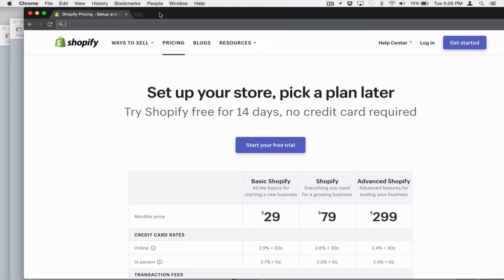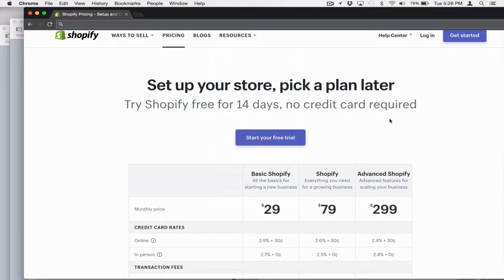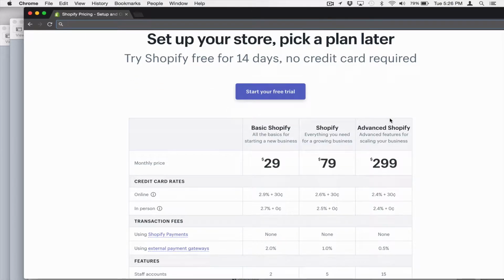If you want to go and play around with the Shopify website, no credit card required, there's a 14-day free trial. So you go around, make your own website, play around with it, get a feel for it. Obviously, there's other platforms or other tools. I specifically use Shopify because it works for me and it was really user-friendly when I was first getting started. It's a really low rate, starting at just $29 a month.